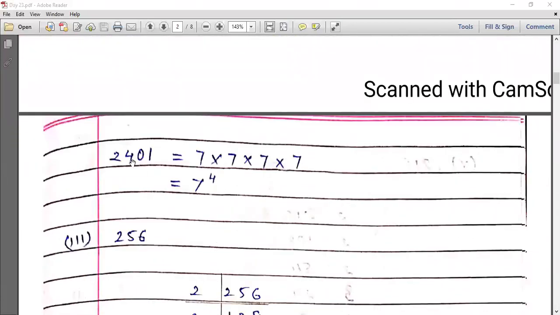I can write 2401 as the factors of 7 as 7 into 7 into 7 into 7. Here 7 is repeated 4 times. I can write it as 7 raised to 4. This is the exponential form of 2401.